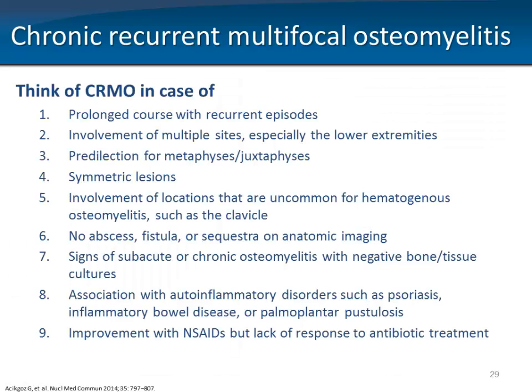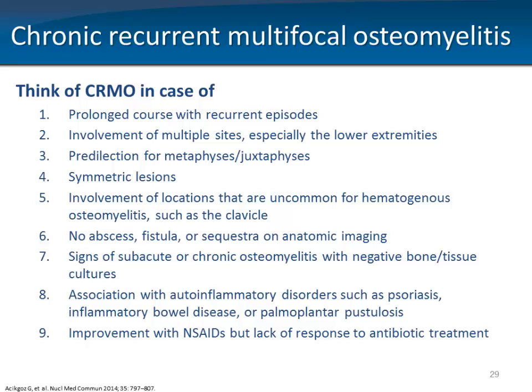So it is a diagnosis of exclusion, but you should think of it in case of a recurrent, prolonged course of recurrent episodes, involvement of multiple sites, especially the lower extremities, a predilection for the metaphysis. Lesions tend to be symmetrical, with involvement of locations that are uncommon for usual hematogenous osteomyelitis, such as the clavicle.